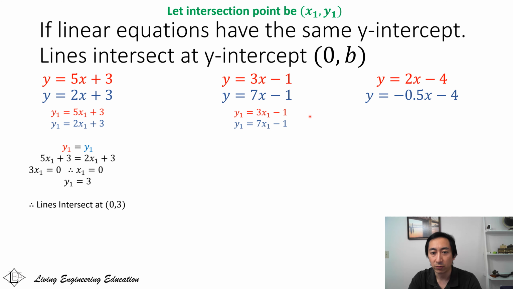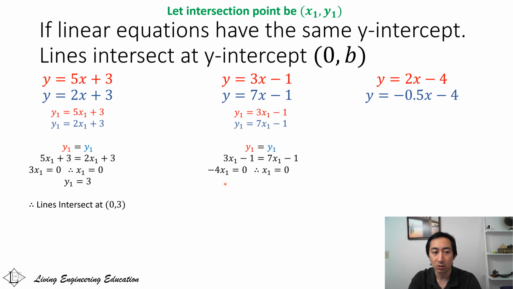Same thing would be true for these two here, so we'll quickly go through these as well. Plug in x1, y1 for both equations, equate the y1 terms, then I only have x1 terms. Solve by isolating the x1 on one side and the constants on the other side. Because the y-intercepts are the same, they're going to drop out and equate to 0.